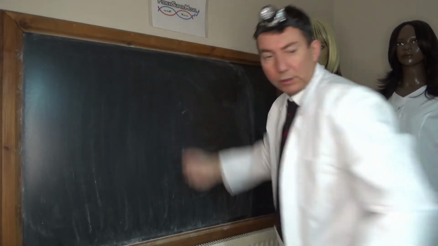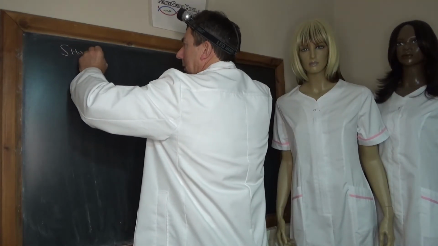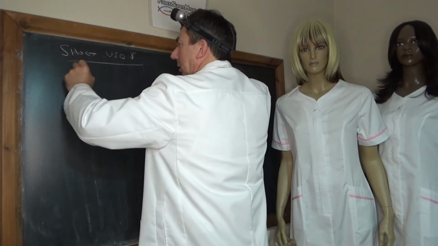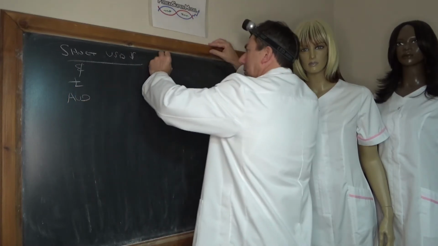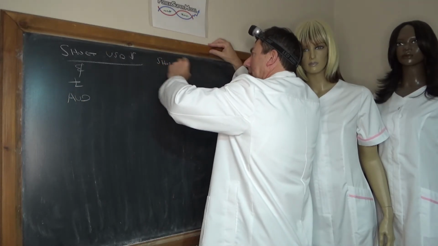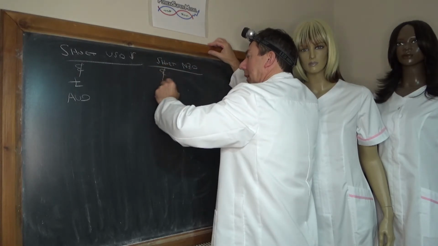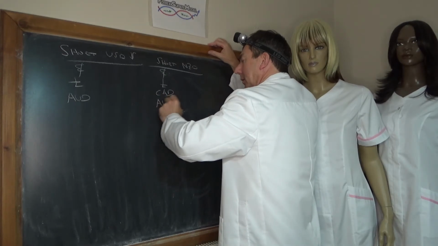Regards our positions then, so we're short USD dollar against the euro, the pound and the AUD, and we're short NZD against the euro, the pound, the CAD and the AUD.